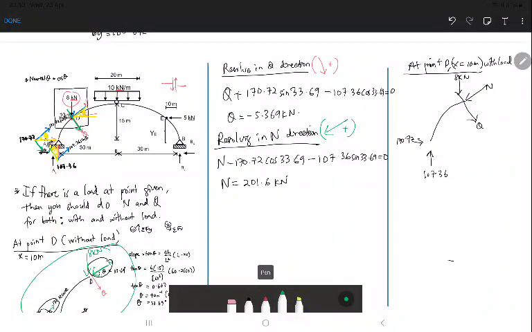Okay, how about the resolve for this? Okay, copy like that. Then Q in this direction, so it should be parallel. How do you find the Q? Q here, theta here, theta here, theta here, and theta here.